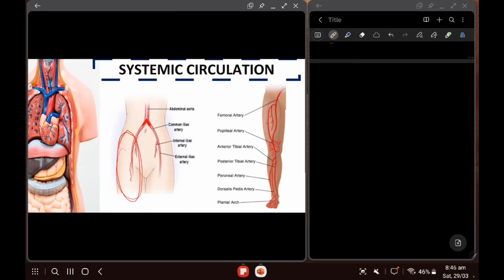Sorry, this is the right, and this is the left. Here, our iliac arteries, left and right. The right supplies the right side, and then the left side.